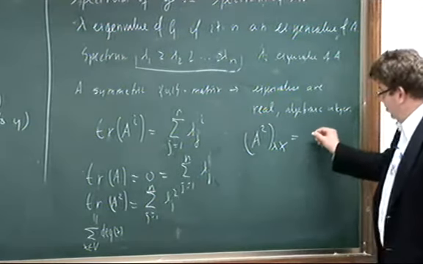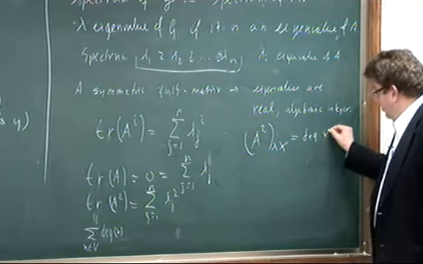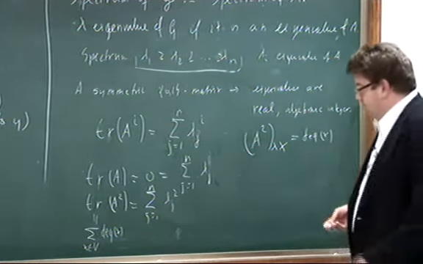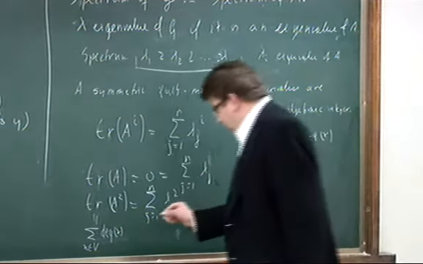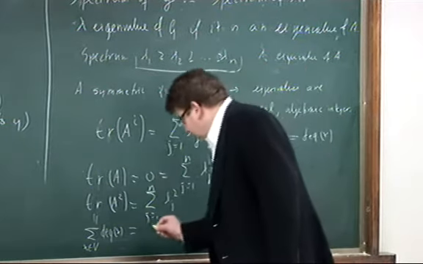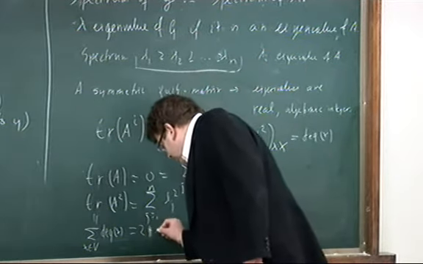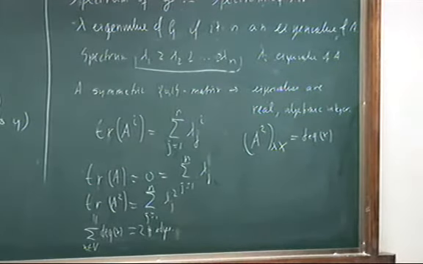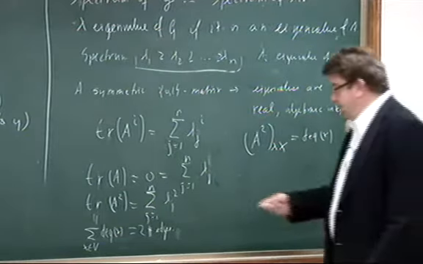My claim is that it's exactly the degree of x. We learned this also in graph theory, that this is 2 times the number of edges. So from the spectrum you can easily see how many edges a graph has. And this has to be an even number.